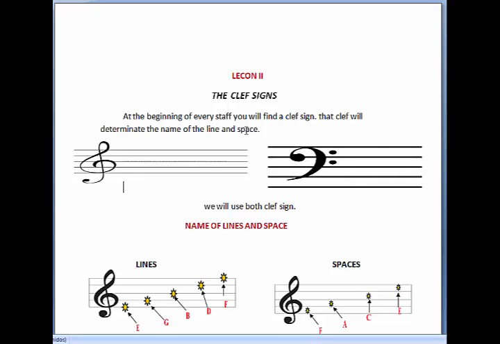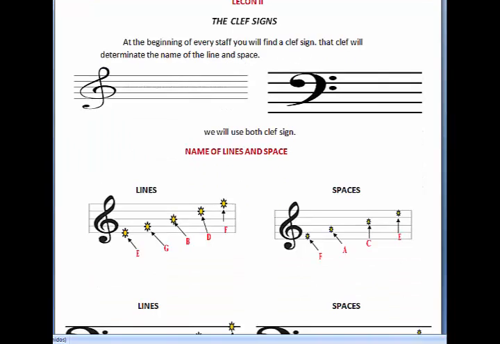So at the top you can read that at the beginning of every staff you will find a clef sign, and that clef determines the name of the lines and spaces.